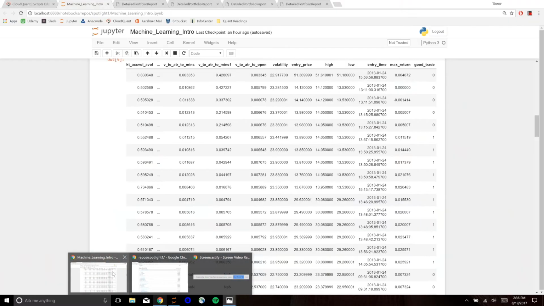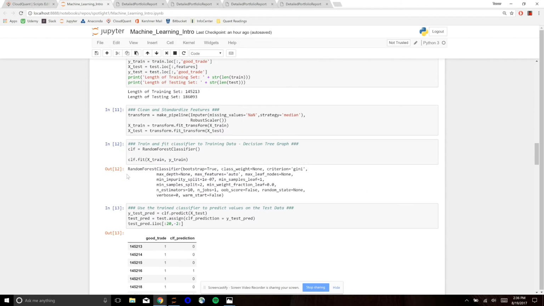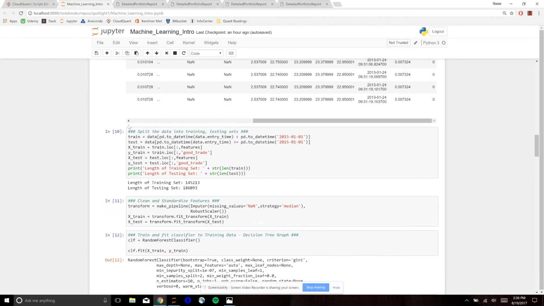All right, so back over here. So here's our Pandas data frame. We have to test whether or not the machine learning algorithm is working or enhancing our trading in any way. The way we do this is we test it on new data that it's never seen before. So we create a rule set based on previous data. Right here I'm splitting my data based on January 1st of 2015.